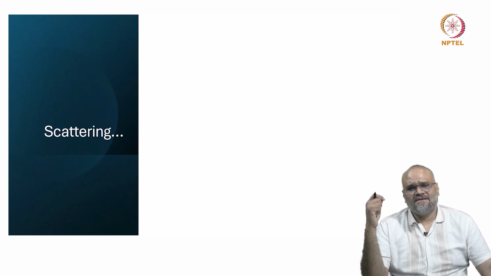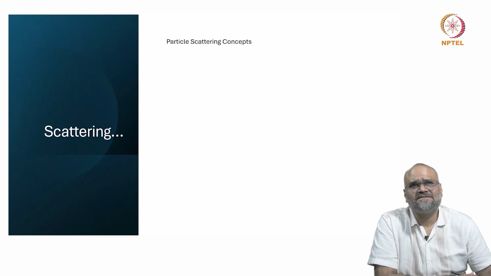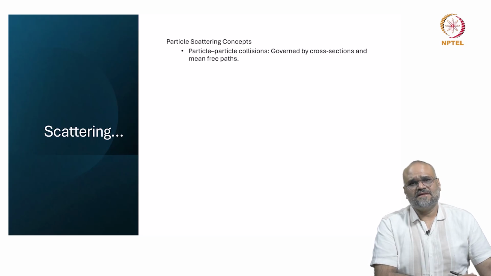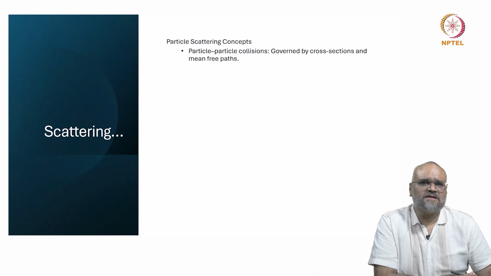Most of the fundamental known classical physics principles were applied, and the interaction of electromagnetic radiation with specimens was treated as a problem of collision. So, going by this, if you look at the particle scattering concepts, most of the interactions initially are looked upon as particle-particle collisions. They are governed by cross sections and mean free path.